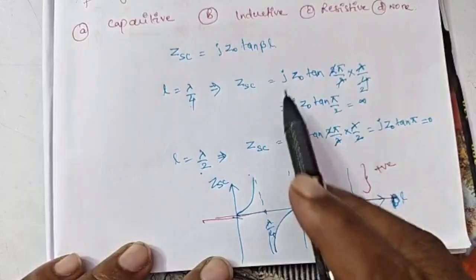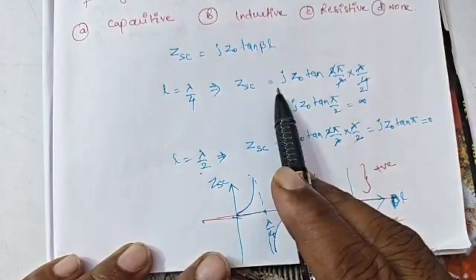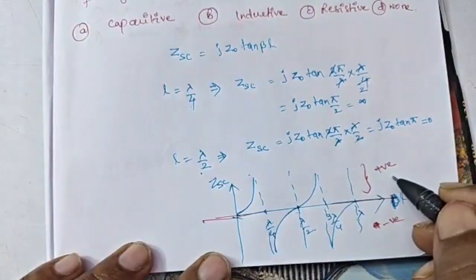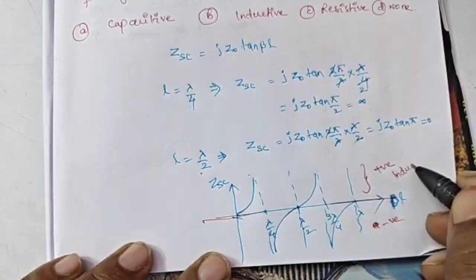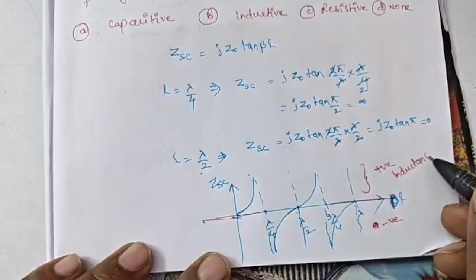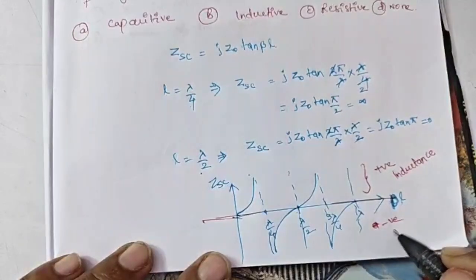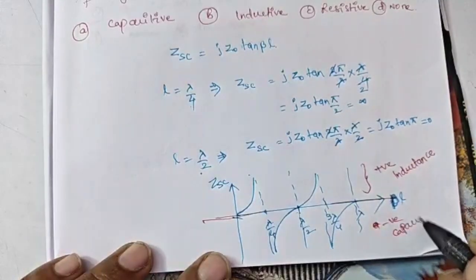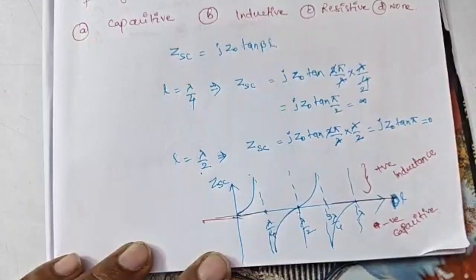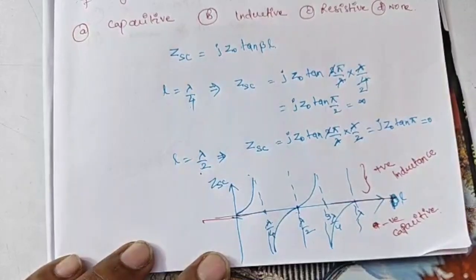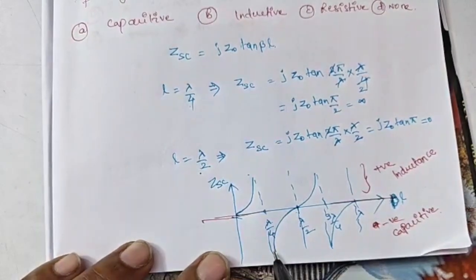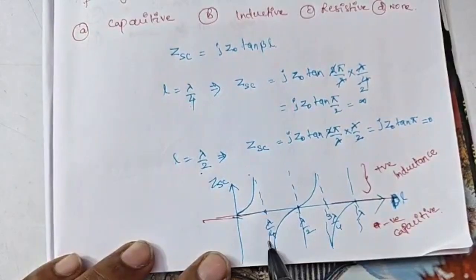Positive means the reactance is positive, which means it is inductive. Reactance negative means it is capacitive.